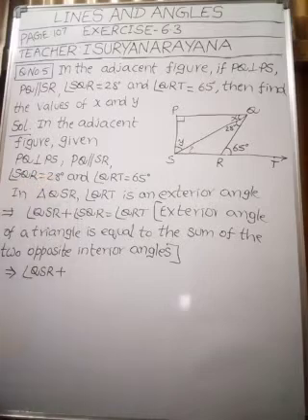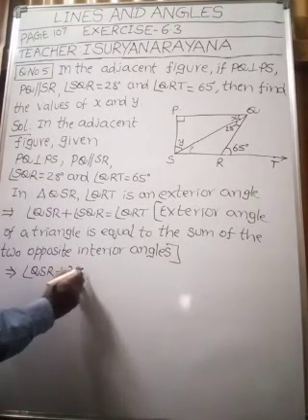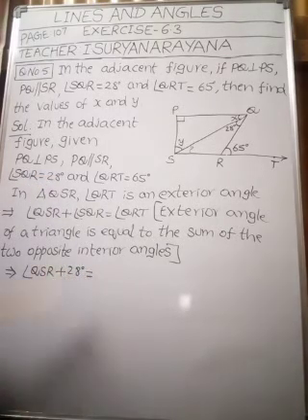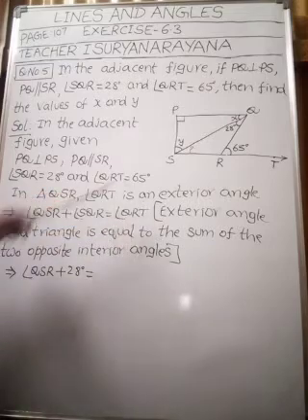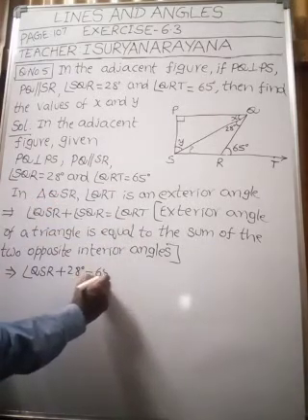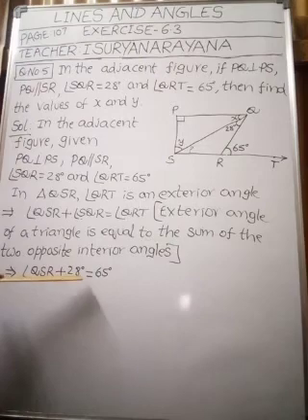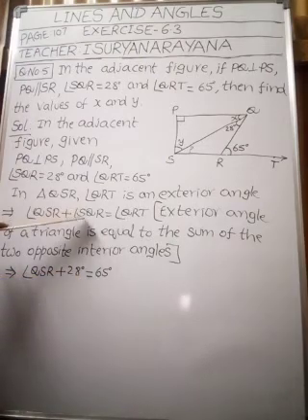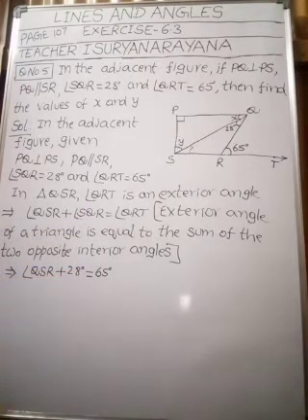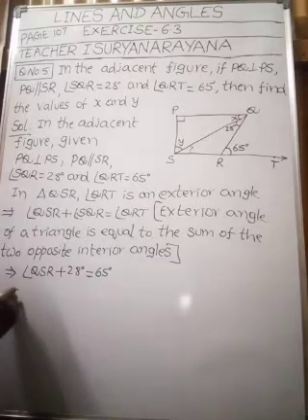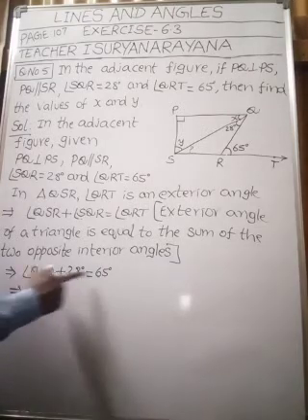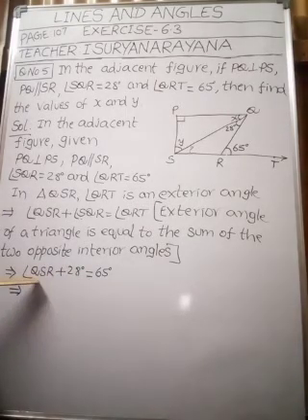What is the angle SQR? 28 degrees. Is equal to angle QRT. What is the measurement of angle QRT? 65 degrees. Understood this step, my children? We substituted the given angles in this step. Okay, my children? Right. From this equation, we find the measurement of angle QSR.